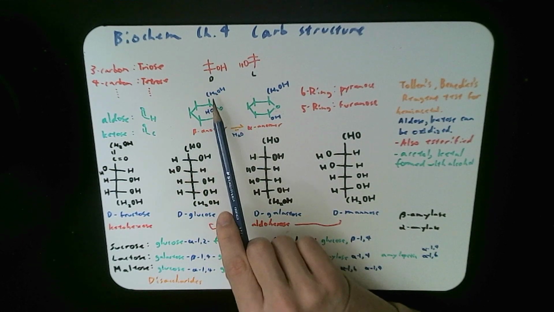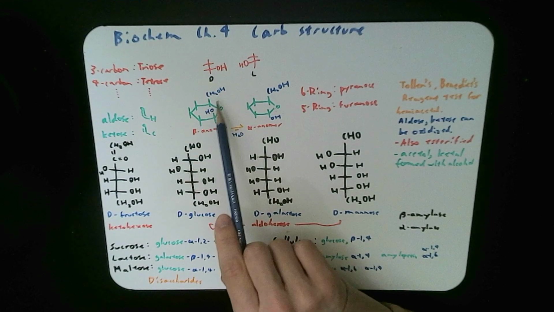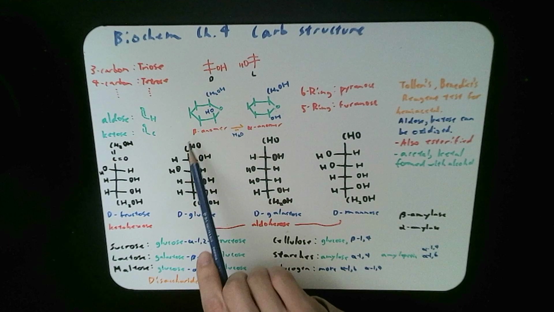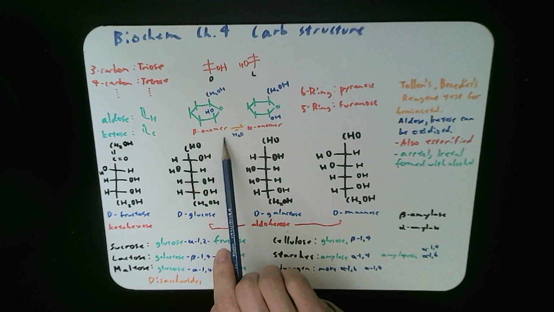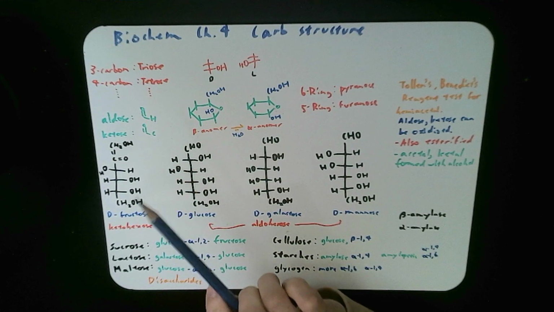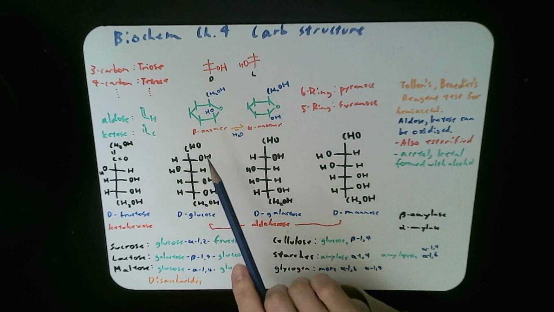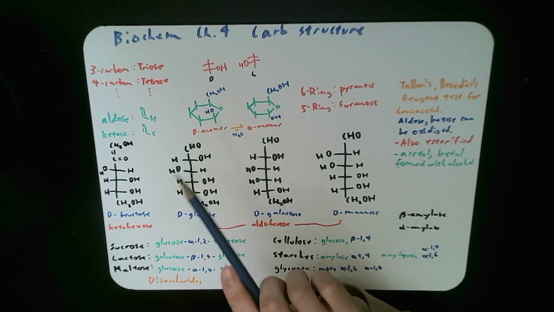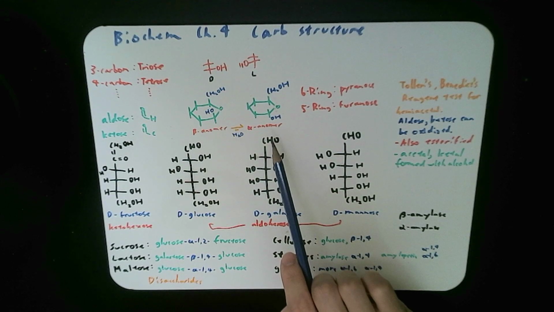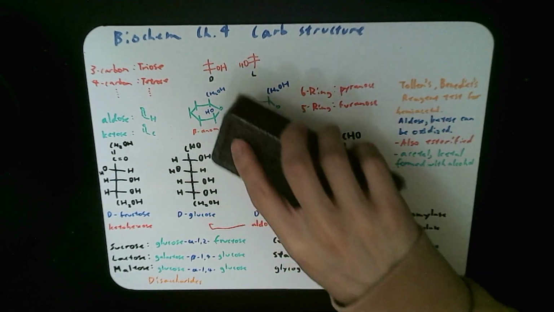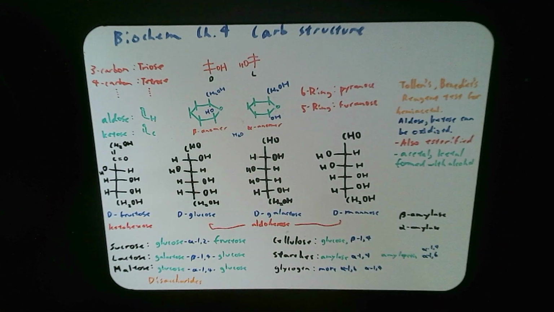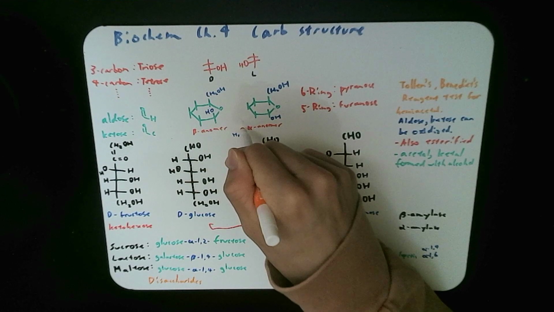When it's turning the same way as the CH2OH, it's the beta anomer, and you can think of B as in same side, just like how we have cis and trans from organic chem. Cis is denoted with Z, same side. The alpha formation is the opposite side.